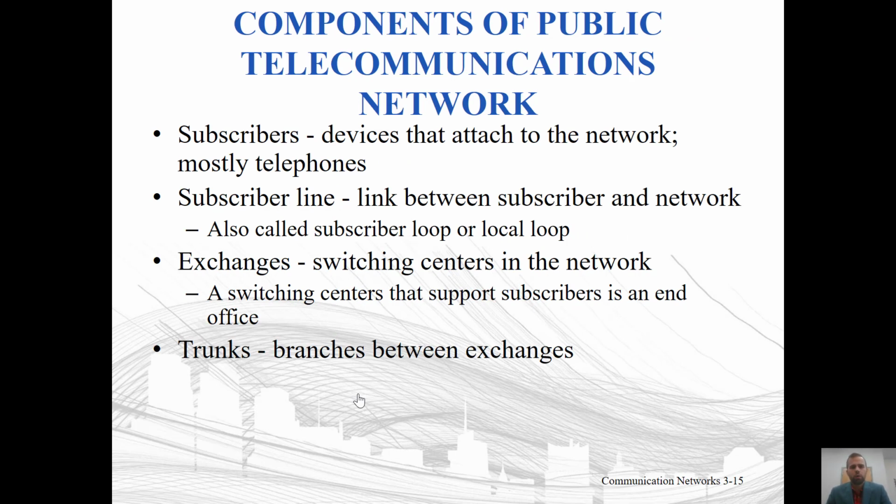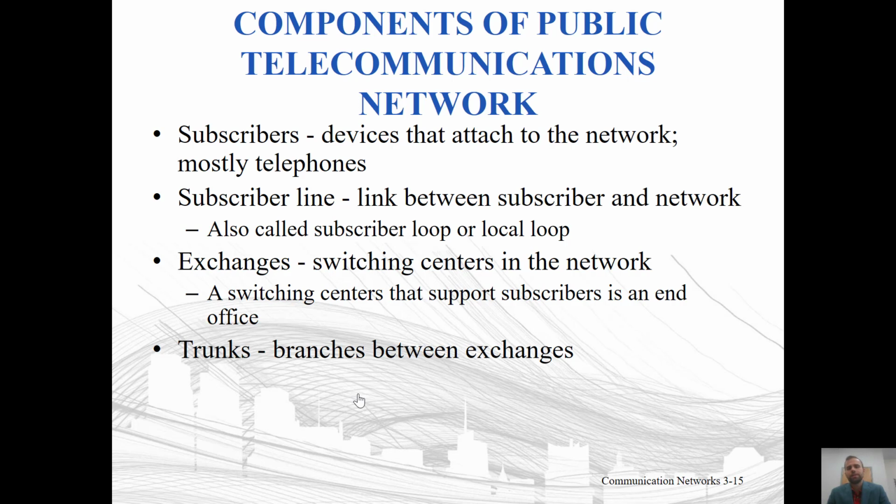Okay, so the components of the public telecommunications network. There's the subscribers, the subscriber line, the exchanges, and the trunks. This is some terminology that's specific to public telecommunications, which is worth going over. Subscribers are just devices that attach to the network, typically, in traditional telecoms, a telephone or cell phone or whatever.